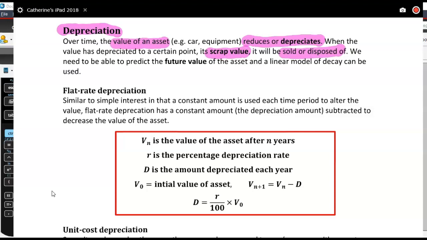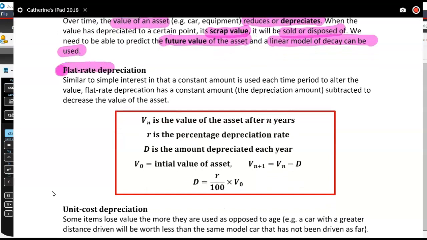So we need to be able to predict this future value of the asset, and the linear model of decay can be used. So flat rate depreciation. Similar to simple interest, we have that constant amount used each time period to decrease the value. So flat rate depreciation has that constant amount, the depreciation amount, subtracted to decrease the value of the asset.